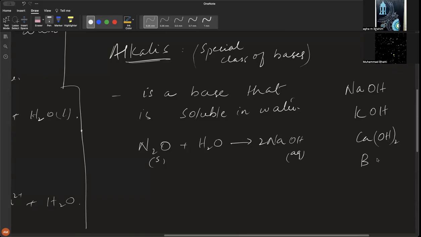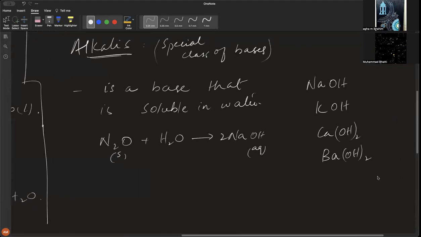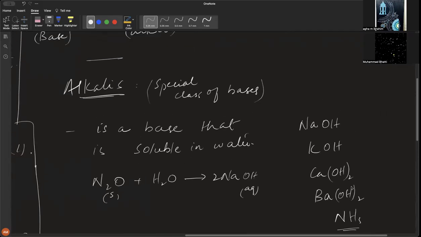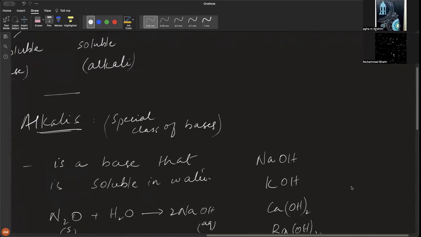They are soluble. Another, out of the general trend, is ammonia. This is also an alkali. Another understanding that you should also have for alkalis is generally not really discussed in the course, but it is what it is.